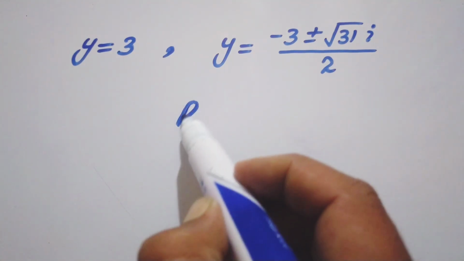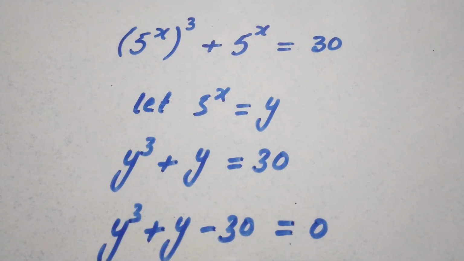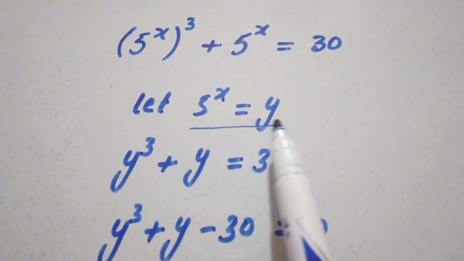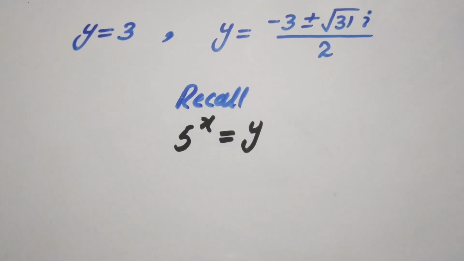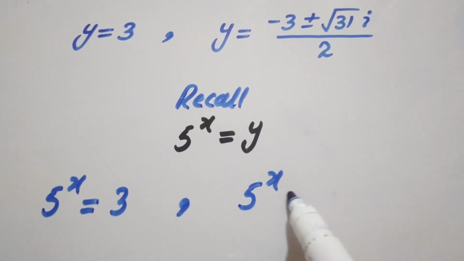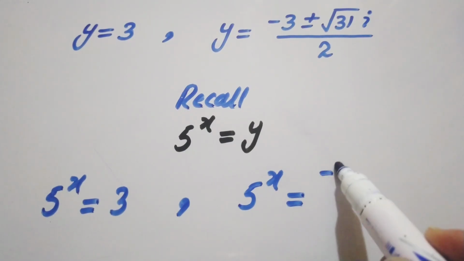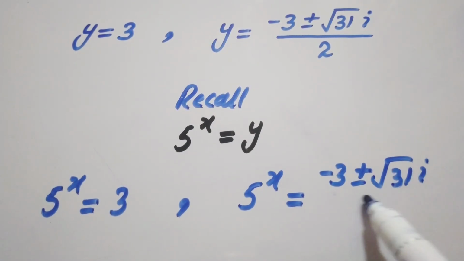Now recall that we have supposed that 5 power x is equal to y. So in the first case, 5 power x is equal to y, which is 3, and for another value of y, 5 power x is equal to minus 3 plus minus square root of 31 iota divided by 2.